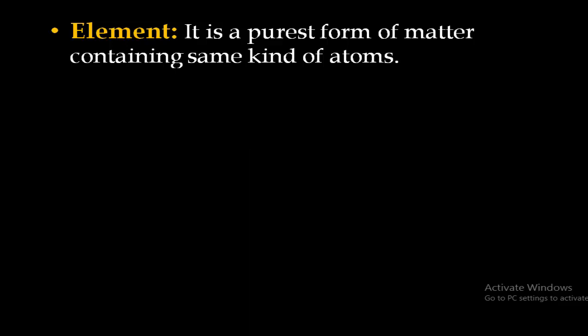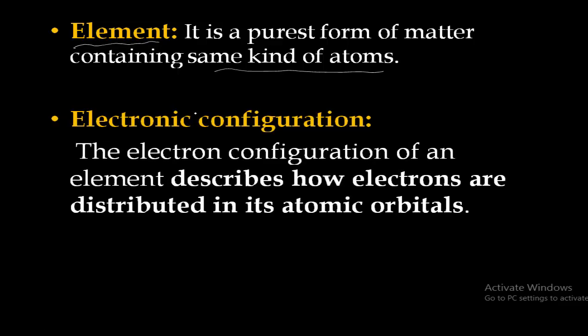An element is the purest form of matter containing the same kind of atoms. Whenever we say an element, it consists of the same kind of atoms having the same atomic number as well as the same atomic mass number.